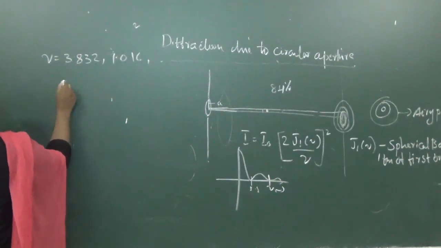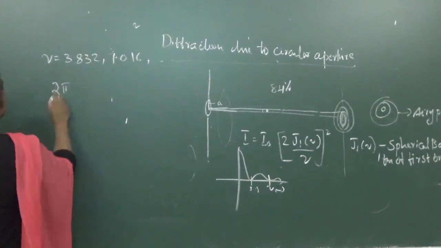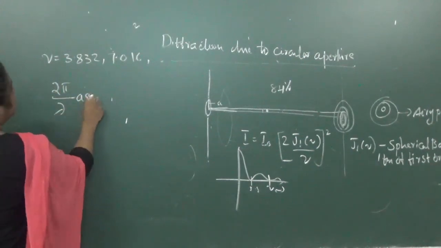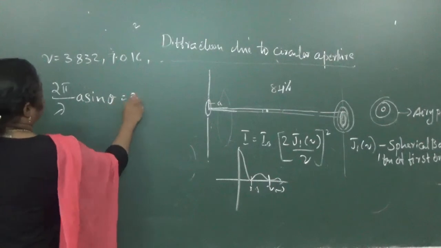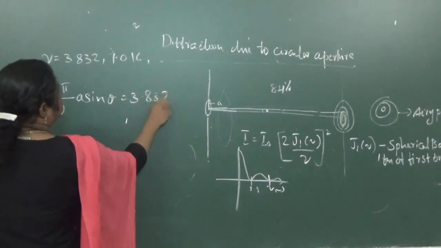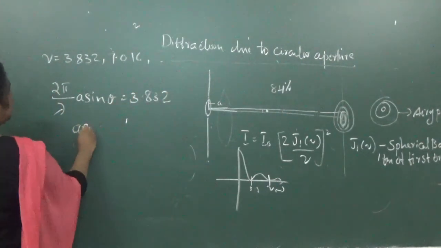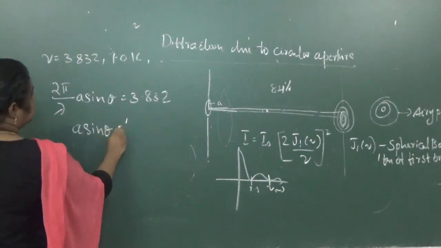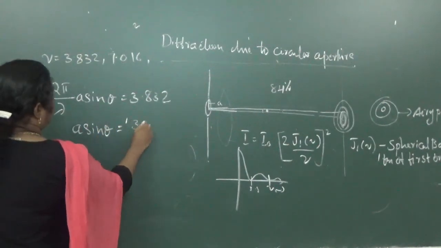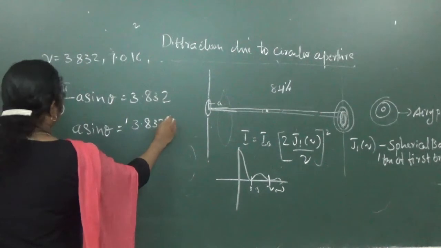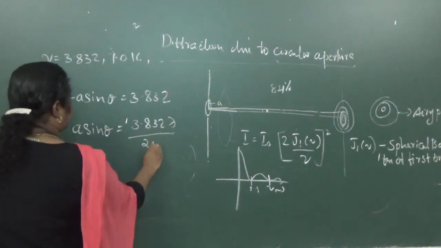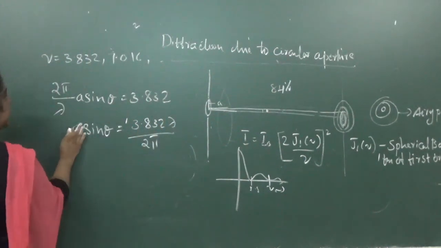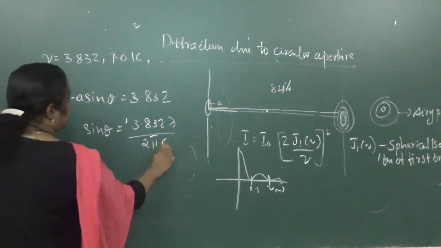When nu is equal to 3.832, we know nu is equal to 2 pi by lambda a sin theta, which is equal to 3.832. So a sin theta is equal to 3.832 lambda by 2 pi. Then sin theta is equal to 3.832 lambda by 2 pi a.